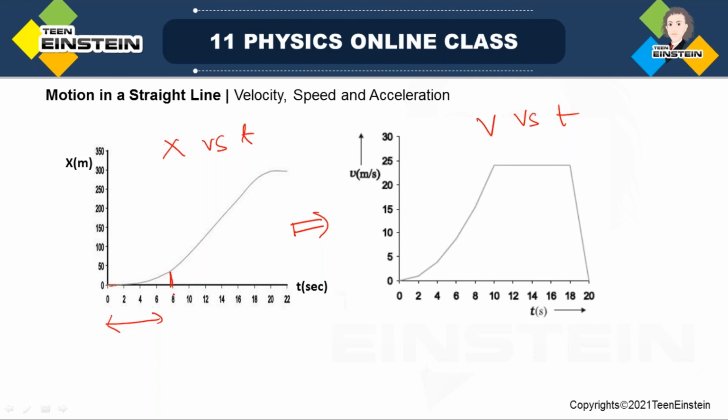So in this case, look, in between 0 to 8, as I said, the car was picking up its speed. So the speed is increasing uniformly over here. So it goes like this, it is increasing like this, and till 10 seconds it takes to pick up a uniform velocity.